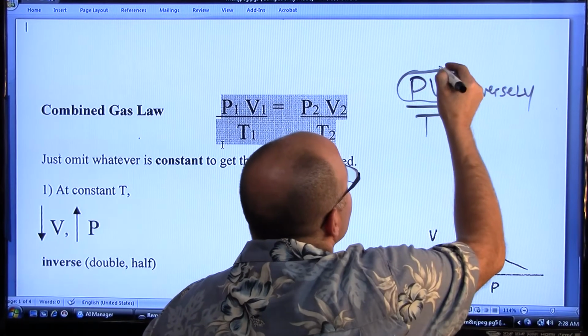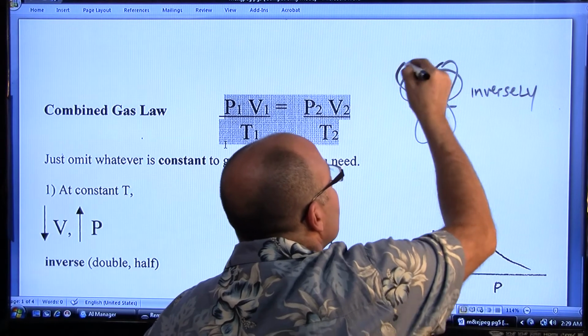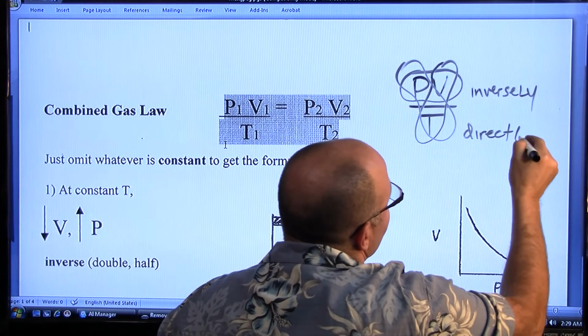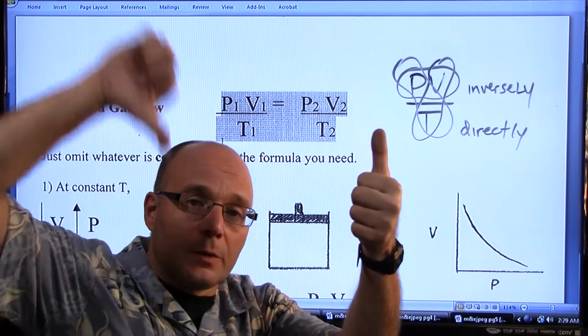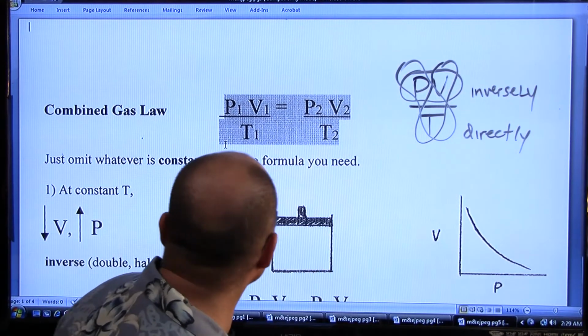Whenever you have variables directly on top of each other, like V over T and P over T, they are directly related, which means if one increases, the other increases. If one decreases, the other decreases. That's good to keep in mind.